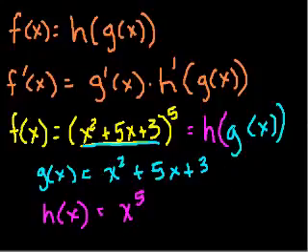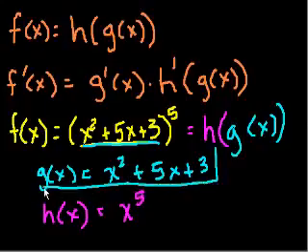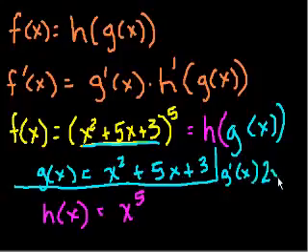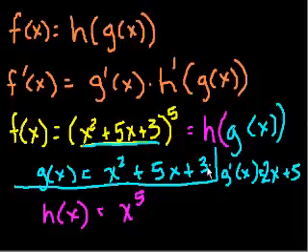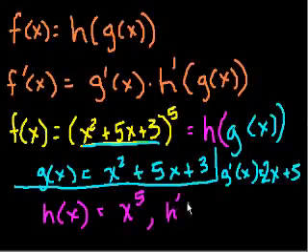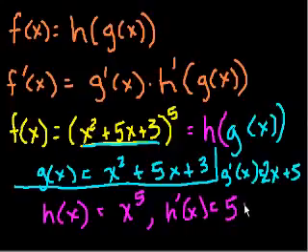So g prime of x is equal to 2x plus 5, and then the derivative of 3 is just 0, right? And what's the derivative of h of x? H prime of x is equal to 5x to the 4th, right?